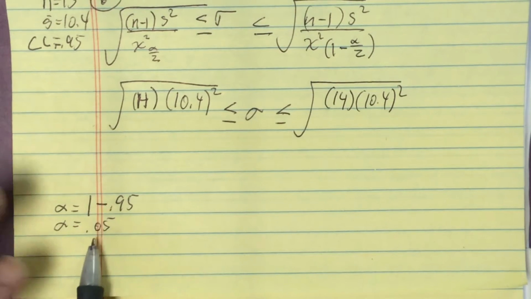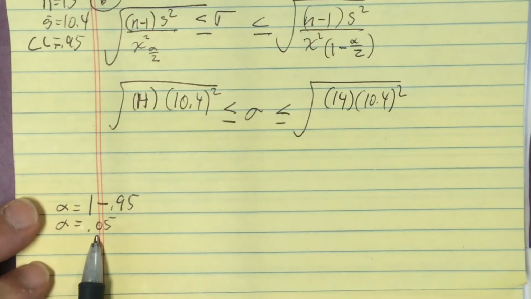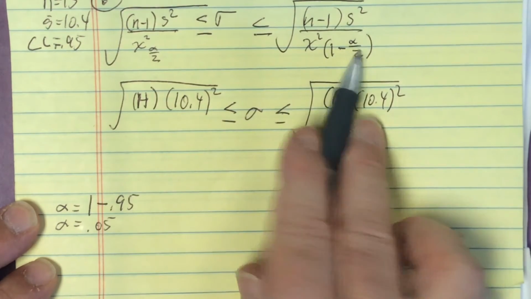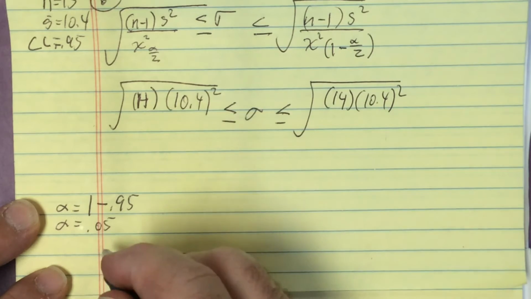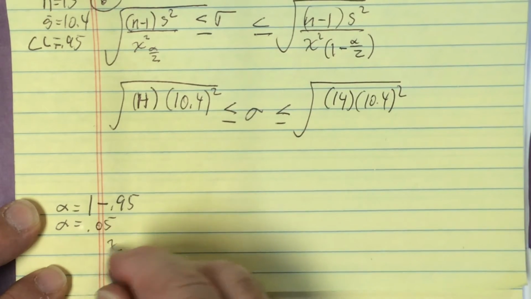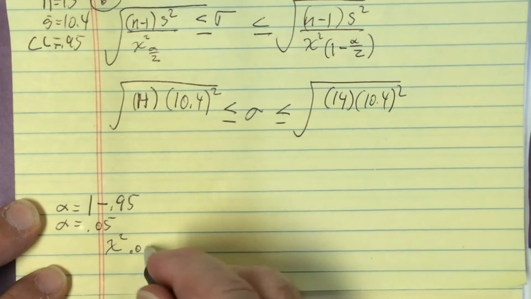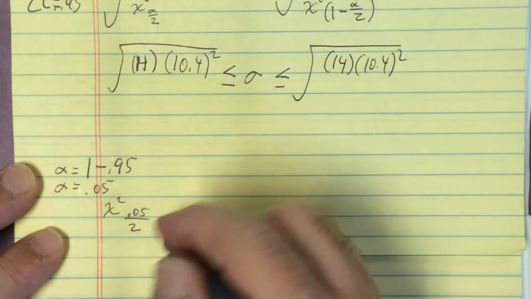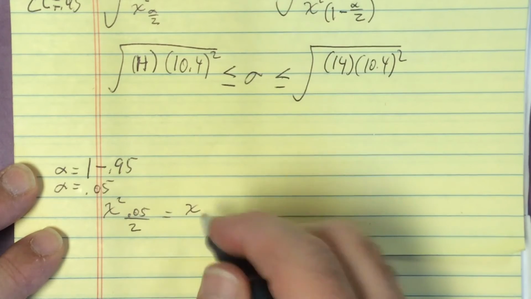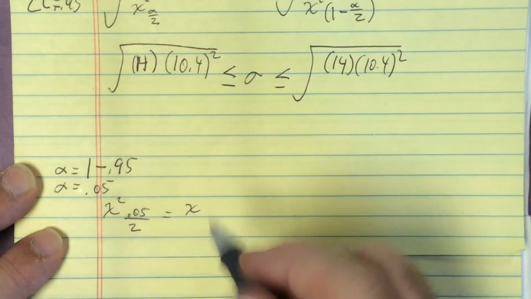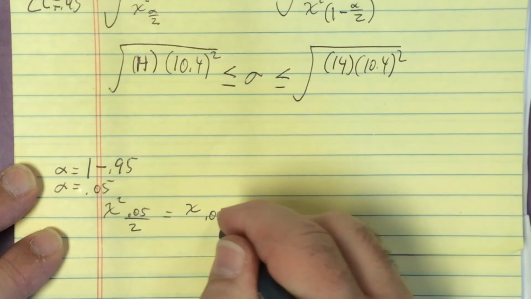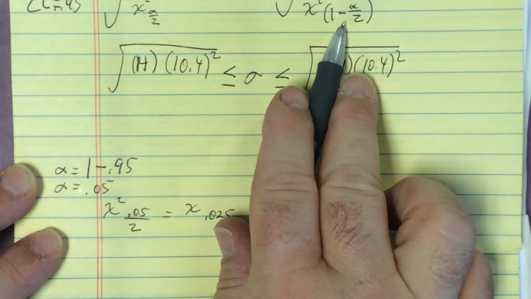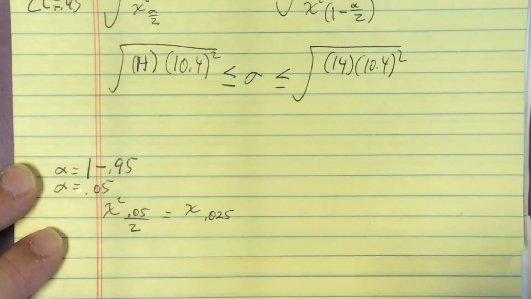So if I have an alpha value of 0.05, then in order to obtain the values that go here, and consequently over here, I need to take 0.05 divided by 2. What that's going to give me is that I need the chi-squared value for the area of 0.025. So that's the first one. And for this other one over here, it's going to be 1 minus this.